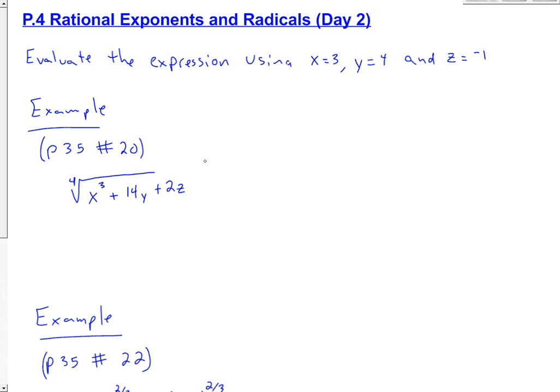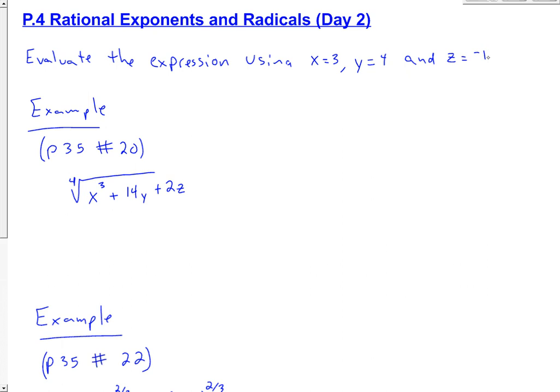So for this first example, and I'm just doing a problem from the book on page 35, number 20. We have to take the fourth root of x cubed plus 4y plus 2z. And we have x equal to 3, y equal to 4, and z equal to negative 1.